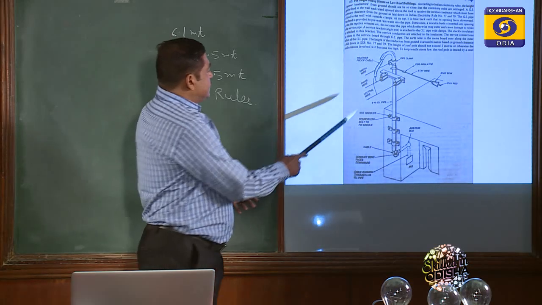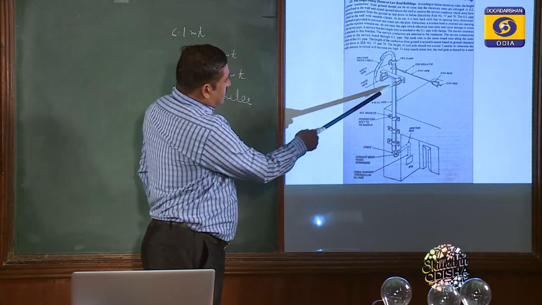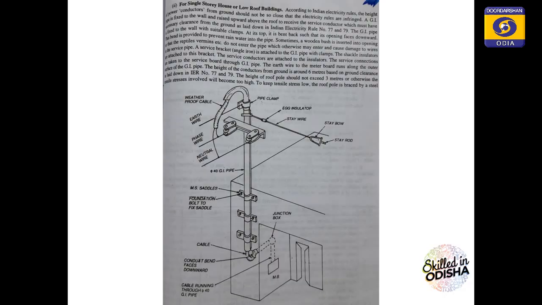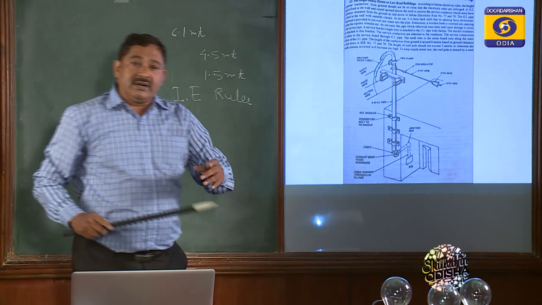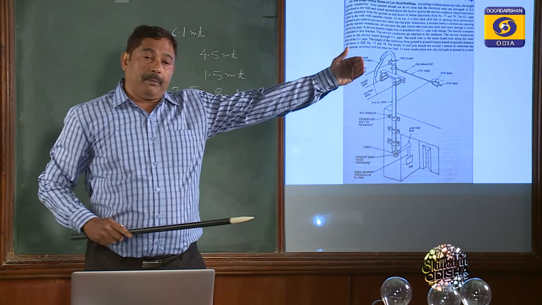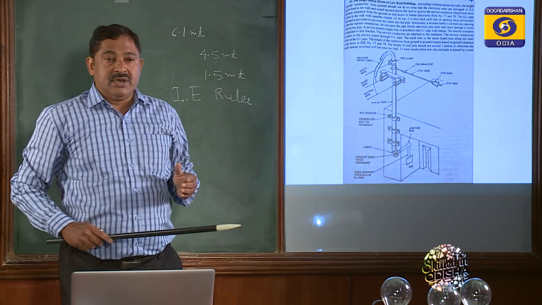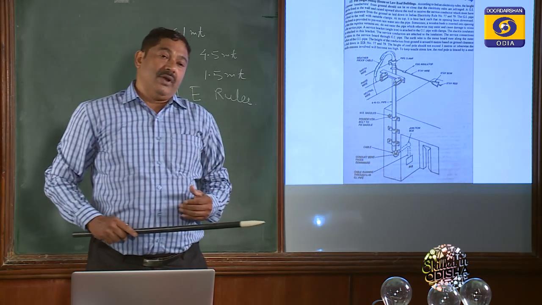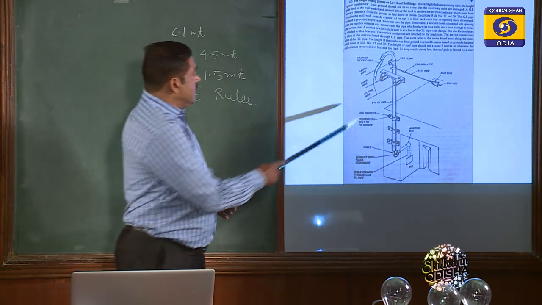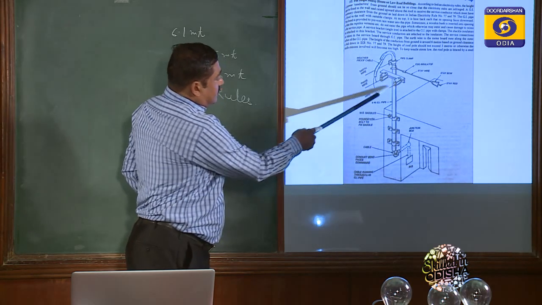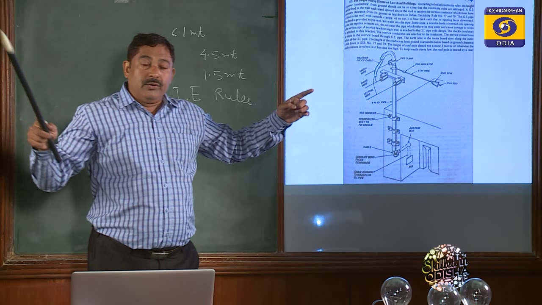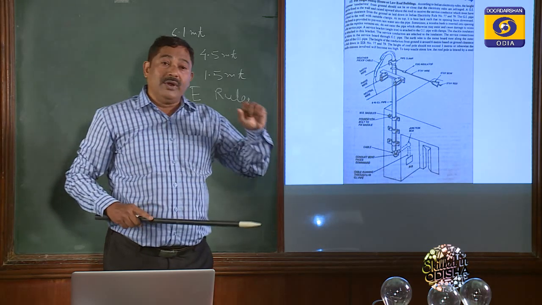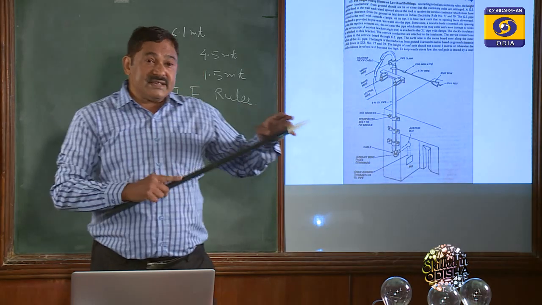So here you see, when we give this type of bare conductors with angles and insulators, the distance from the pole to the house may be beyond, say, 20 meters. In that case the sag will be high. If you go for a single twin core cable, then the sag will be high.